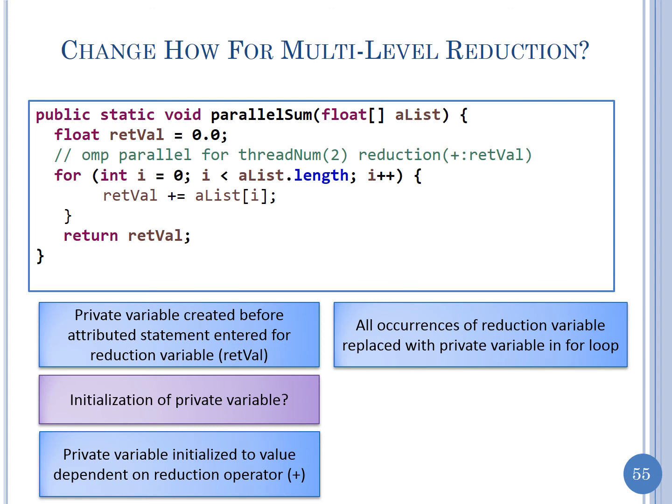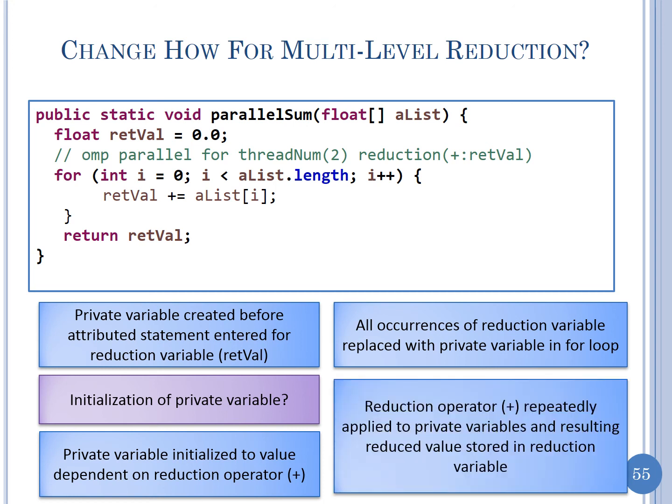All occurrences of the reduction variable are replaced with the private variable in the for loop. Okay. You can have it in any way. It doesn't know, it's just doing a replacement. And the reduction operator plus is repeatedly applied to the private variables, and the resulting reduced value is stored in the reduction variable.